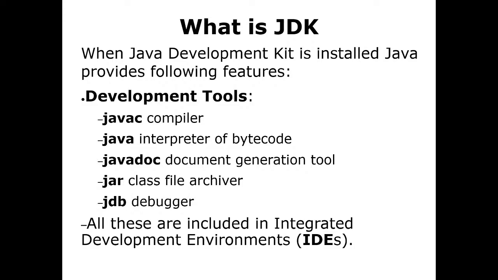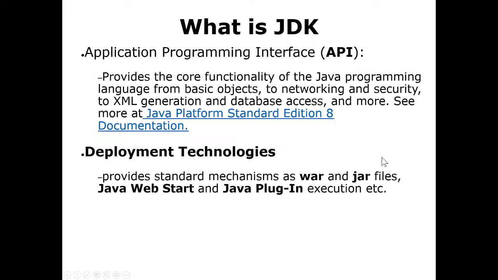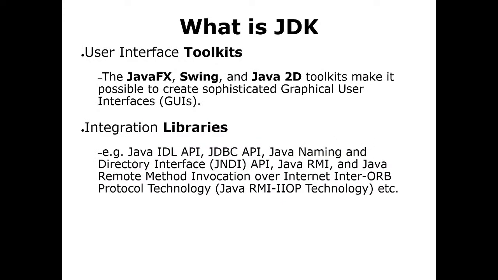You can debug the code in Java thanks to the Java Development Kit. And again, the Java application programming interface provides main functionality for Java software. And there are so many toolkits like JavaFX, Swing, and Java 2D used for Java.